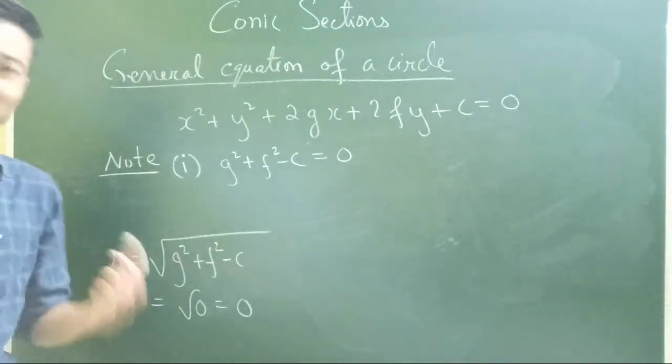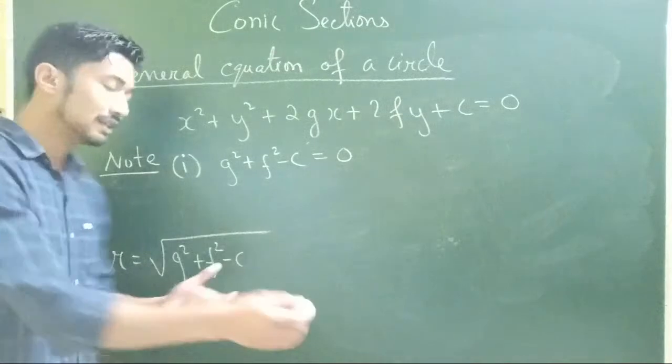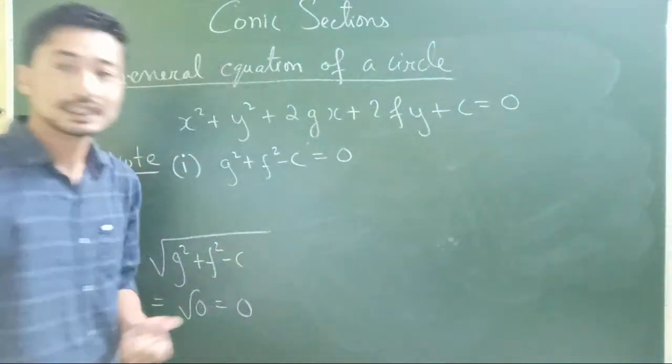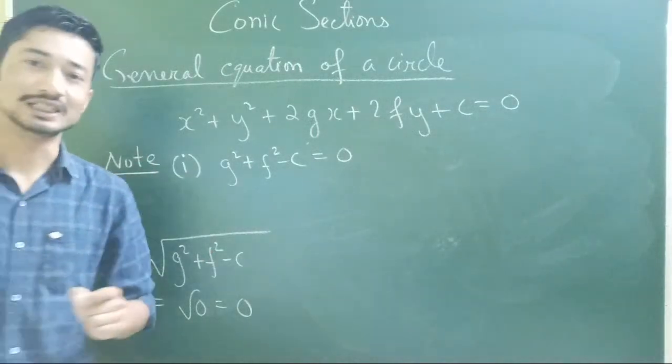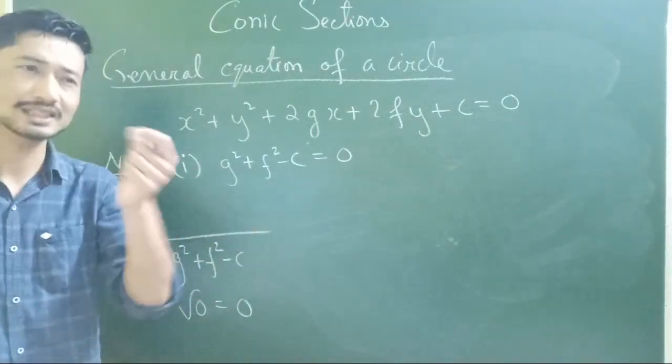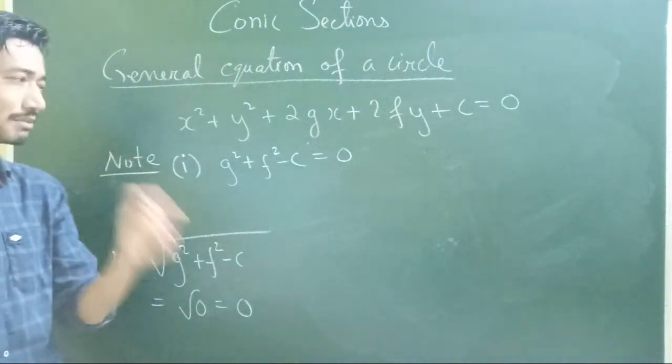It represents a special case of a circle because, for example, one dot. Now a dot also is a representation of a circle only, isn't it? With radius, let's say, very, very small, approximately 0.